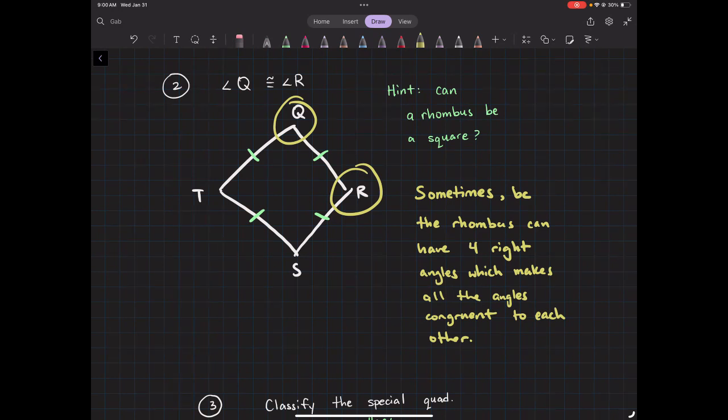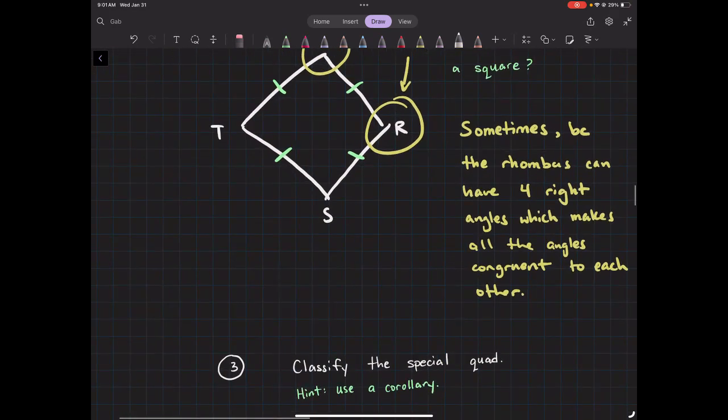Okay, so in these problems, they're not forcing you to work strictly with pictures like this. You just have to try to consider all the possibilities that a rhombus can be. So the first one is a rhombus can look like what I drew for you, but it can also look like a square.